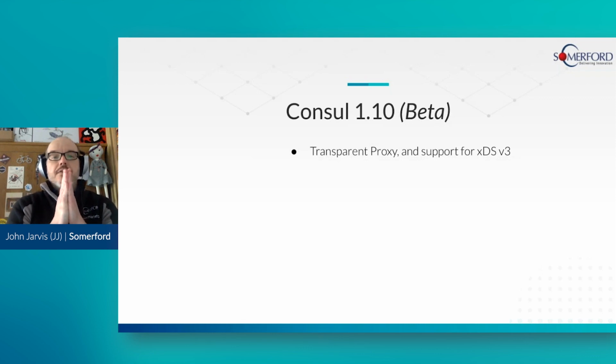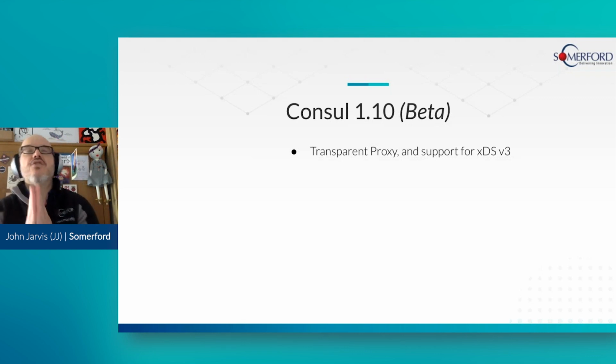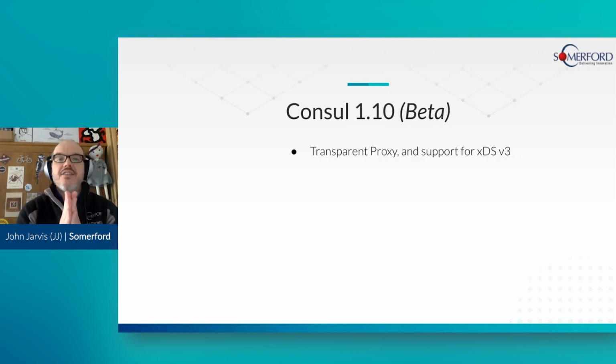So, transparent proxy. The old behavior of prescriptively directing the flow of traffic between services is still available if you want that level of control, but there's now an option of having the proxy be transparent, in that the service mesh governs itself.